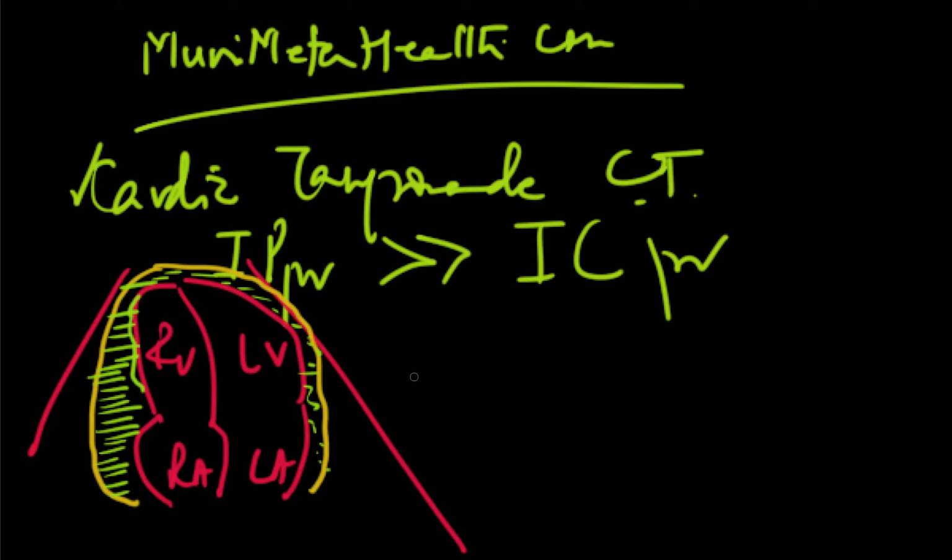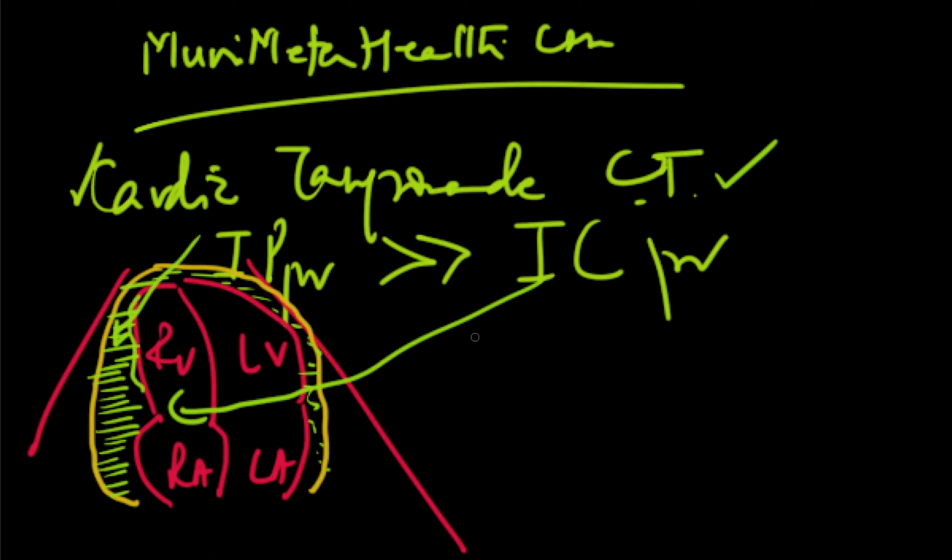The intrapericardial pressures are right here, and the intracardiac pressures are here. When the intracardiac pressures are lower and the intrapericardial pressures are high, that will lead to a compression of the RV and the RA, or the compression of the ventricles or the cardiac chambers in general. As a result, hemodynamic compromise occurs and cardiac tamponade is present.